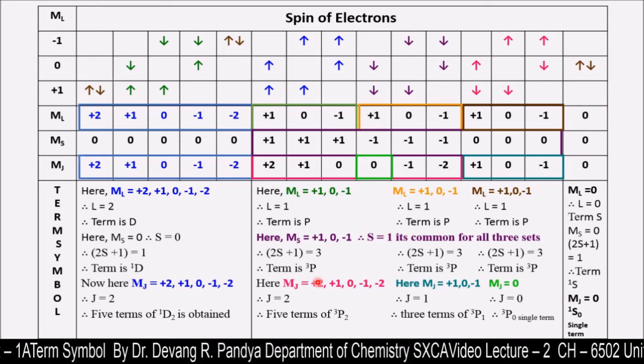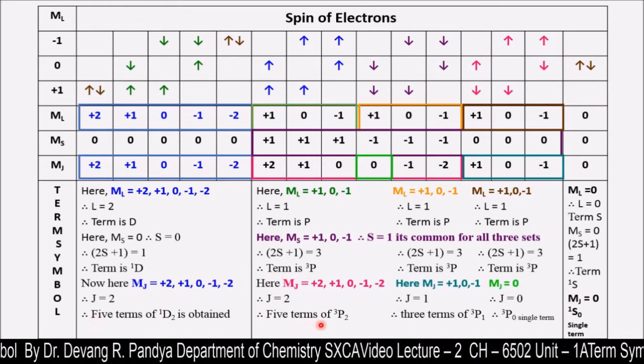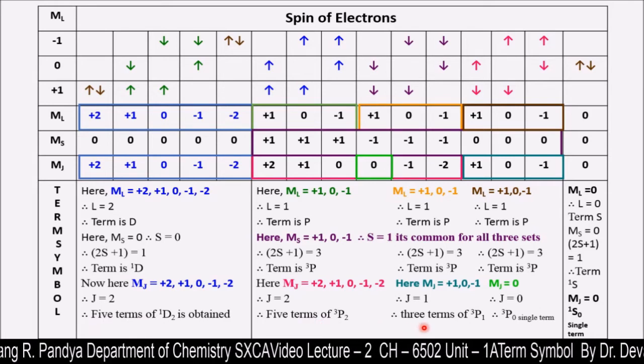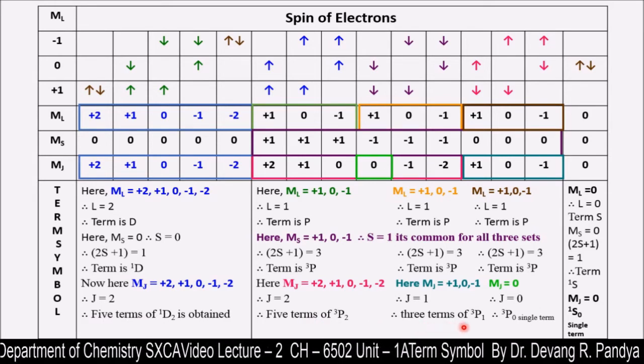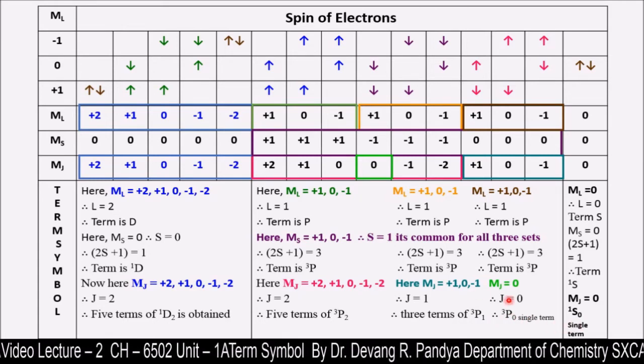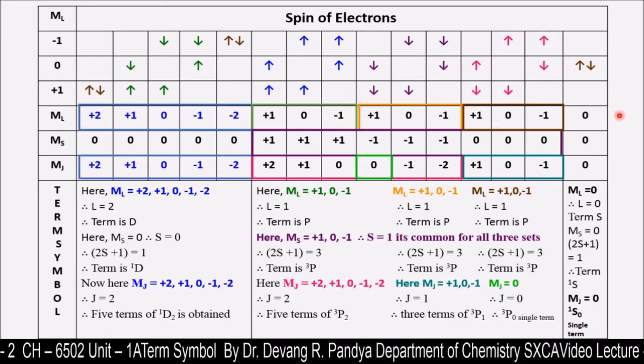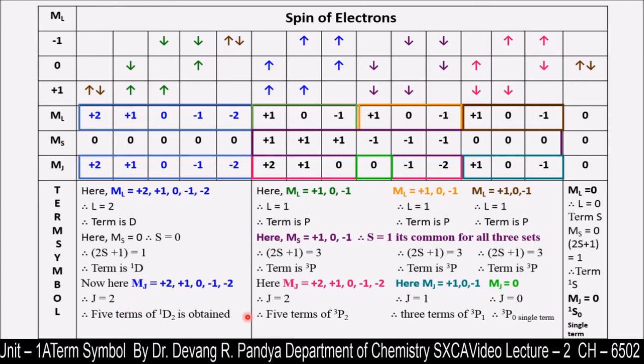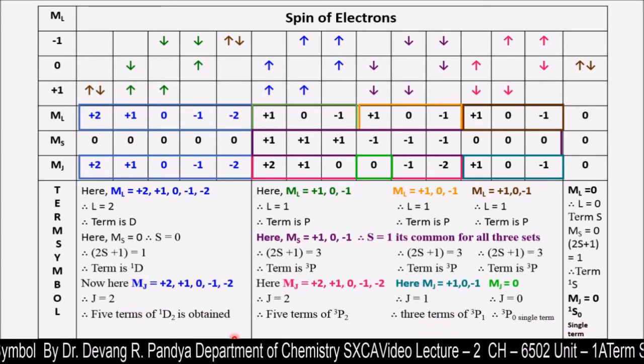Now let us consider this calculation. 5 plus 5, 10, and 3, 13, 13 and 1, 14, 14 and 1, 15. So total 15 microstates are there.